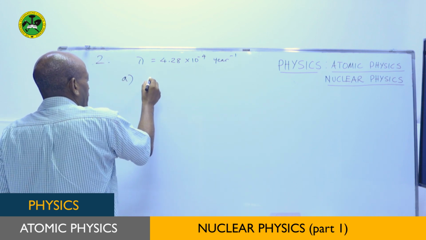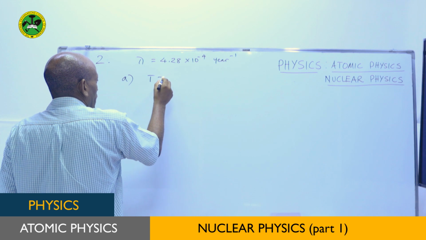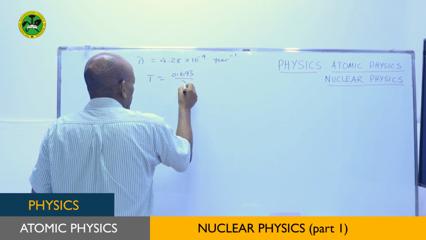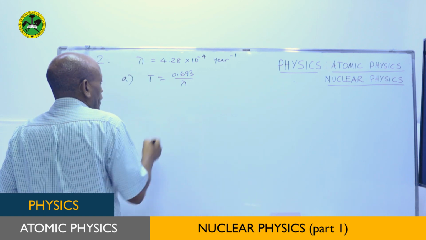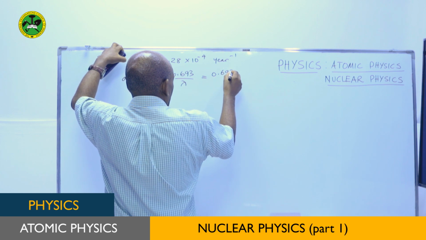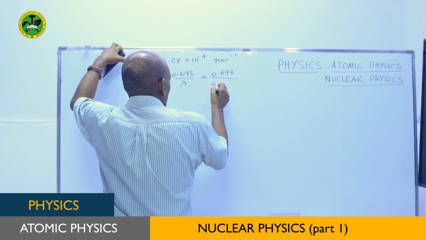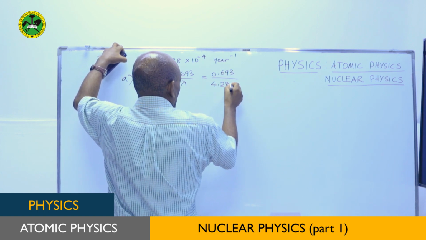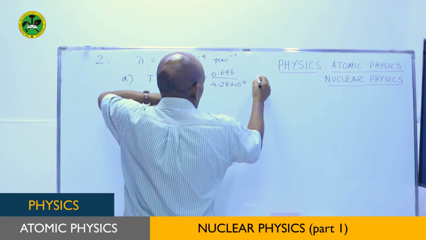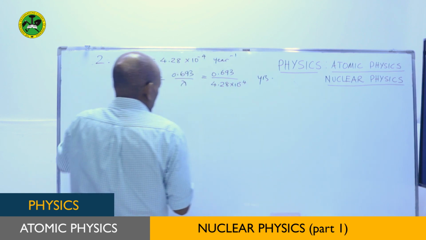We all know that the half-life is equal to 0.693 over the decay constant. So we can determine the half-life straight away, which is 0.693 divided by 4.28 times 10 power negative 4, and this half-life will be in years.